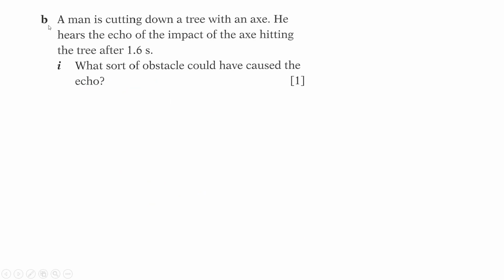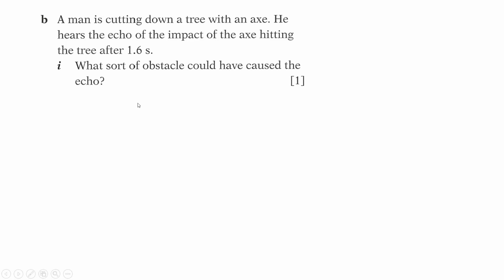Next question, B. A man is cutting down a tree with an axe. He hears the echo of the impact of the axe hitting the tree after 1.6 seconds. What sort of obstacle could have caused the echo?